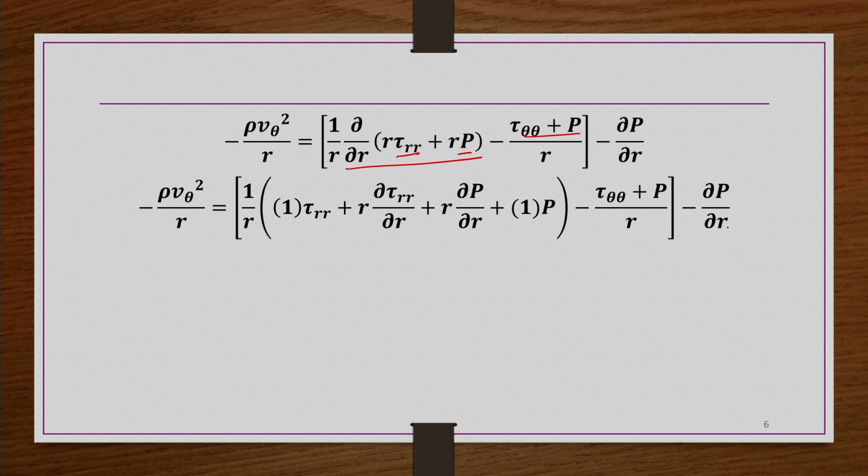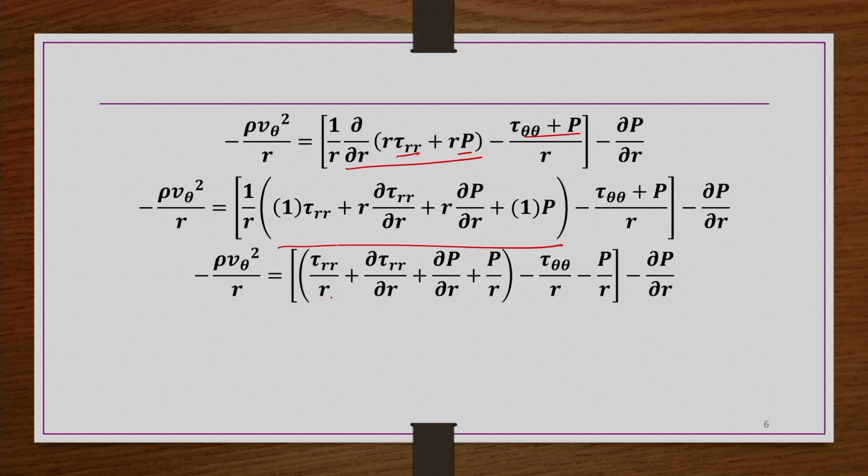Bringing r inside the parenthesis, you get tau rr by r plus dou tau rr by dou r plus dou p by dou r plus p by r minus tau theta theta by r minus p by r. The dou p by dou r terms and the p by r terms cancel out.